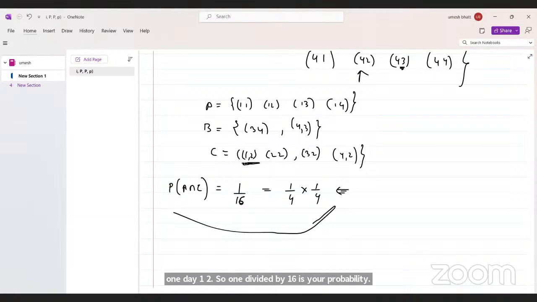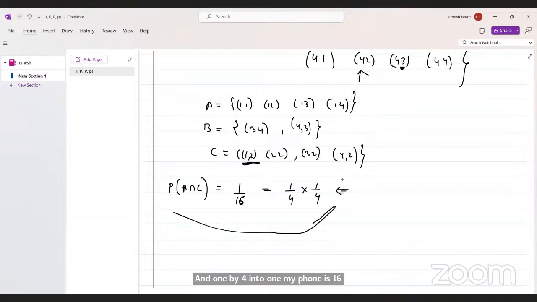The probability of A: A contains 4 items out of 16 total outcomes, so 4 divided by 16 is 1 by 4. Same for the probability of C, which is also 1 by 4. And 1 by 4 into 1 by 4 is 1 by 16.